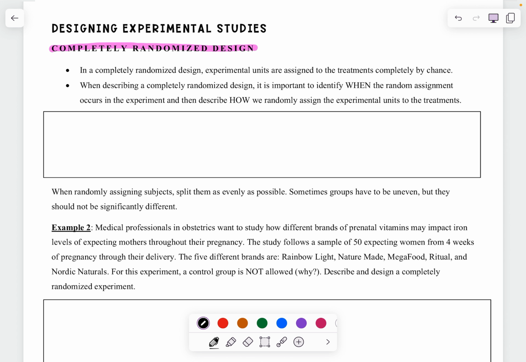Those were all for observational studies. Any of that language cannot be applied for experiments. It's going to sound similar because the idea of how we randomly assign is going to look the same, but you cannot use those terms interchangeably.